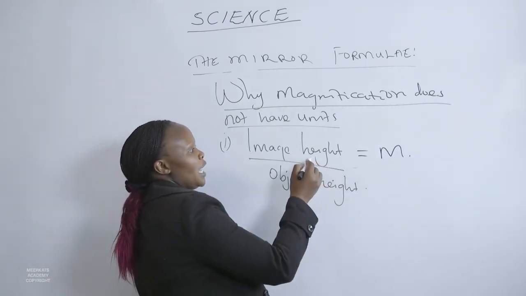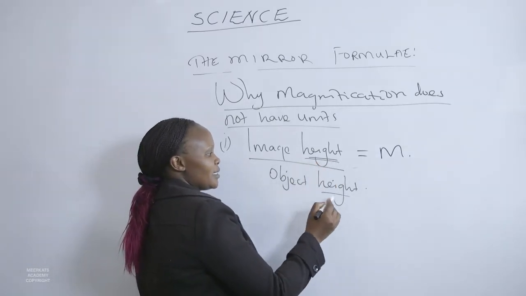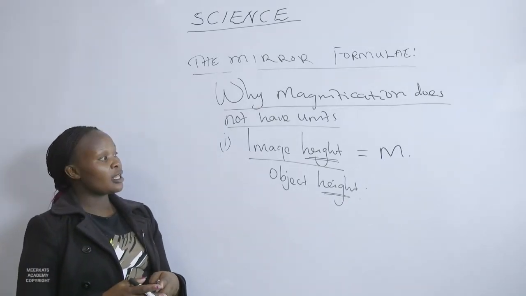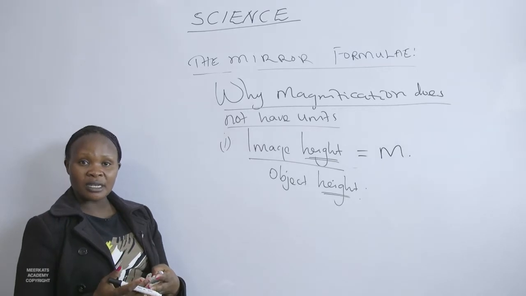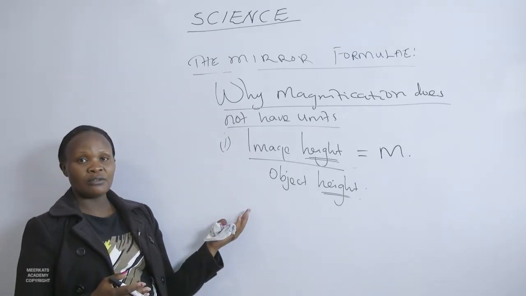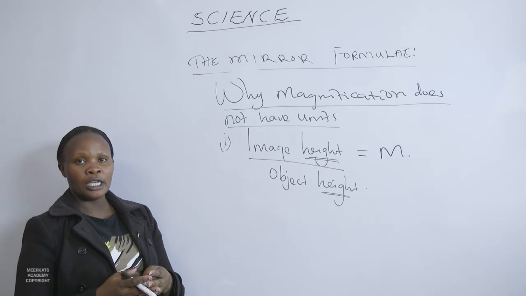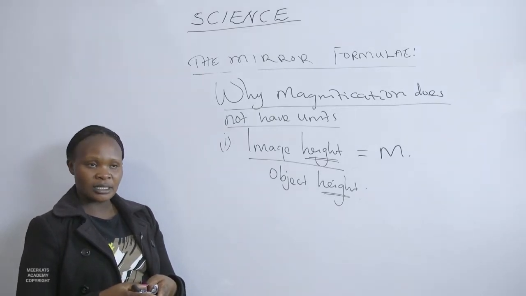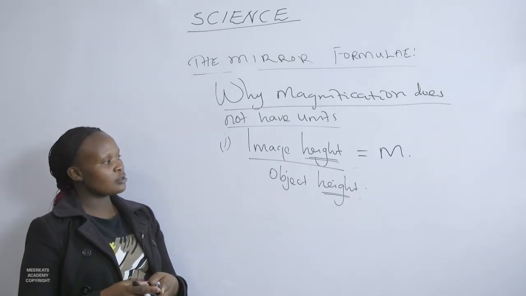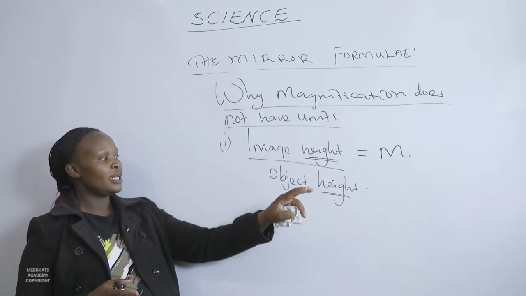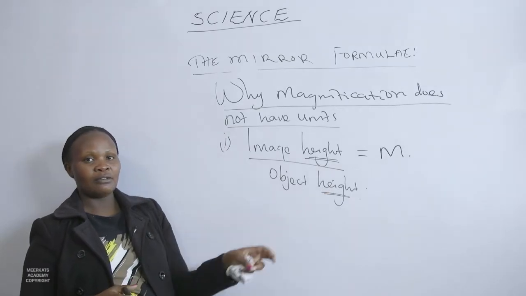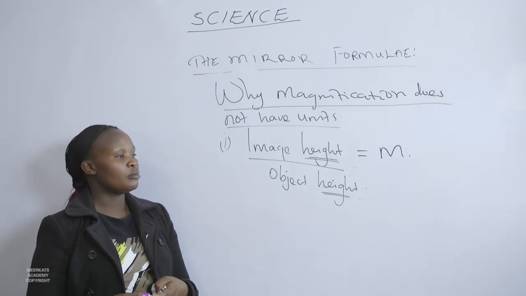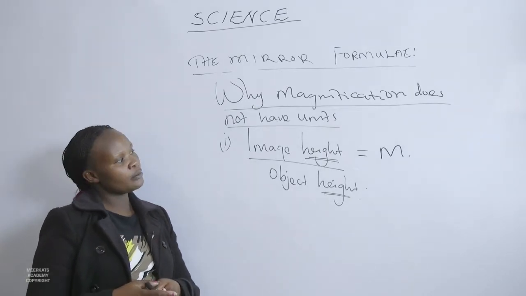Both of them are heights. That means that the first step when you are looking for magnification using that formula is to cancel out the units, because we have height and we have height. Therefore, the units will be similar. You can cancel them before you even proceed.